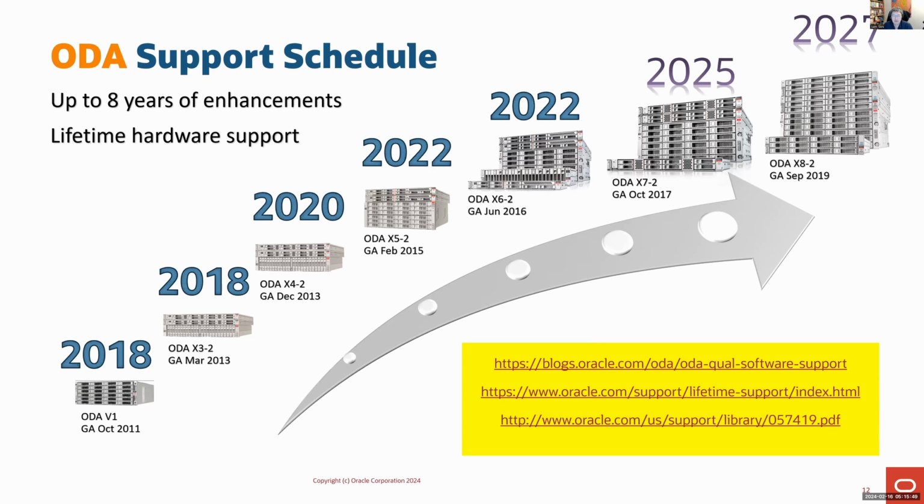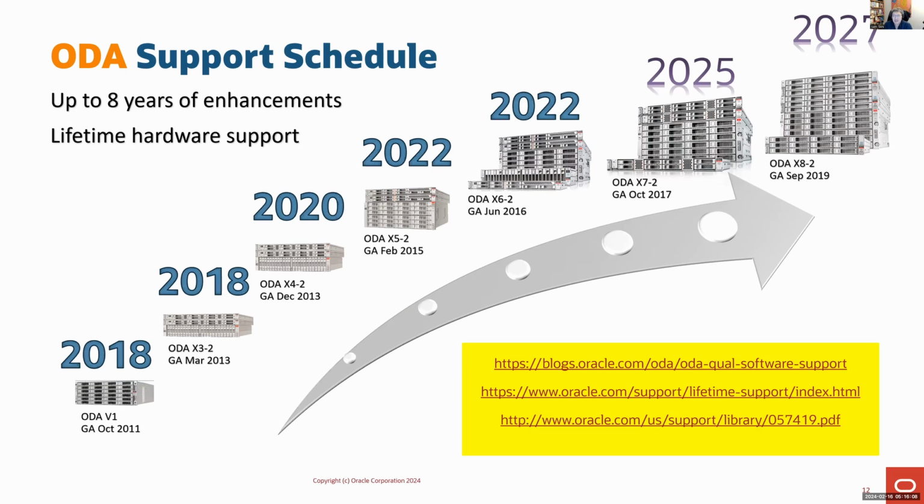So what do customers have to do to get all these latest features? Well, if you have a customer that's on a previous generation ODA, the customer has had the advantage of sitting on some of the longest lived hardware with support from any vendor in the industry, okay?